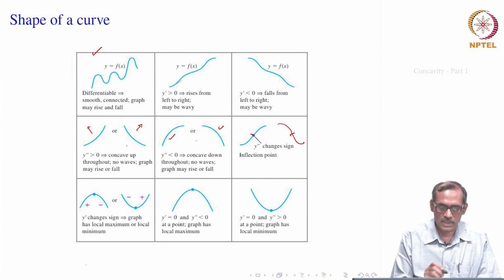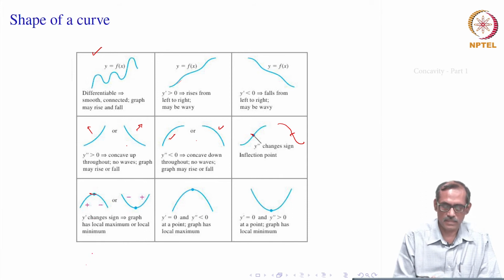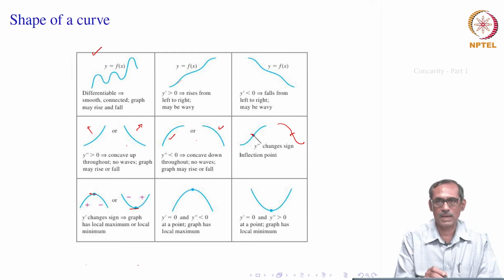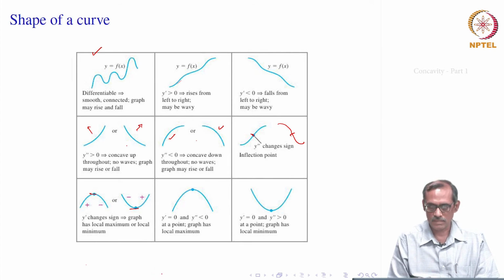Now, if y prime changes sign, when y prime changes sign from positive to negative, then there will be a maximum point, and if it changes sign from minus to plus, there will be a minimum point, local maxima or local minima. That is how the curve would look something like this.